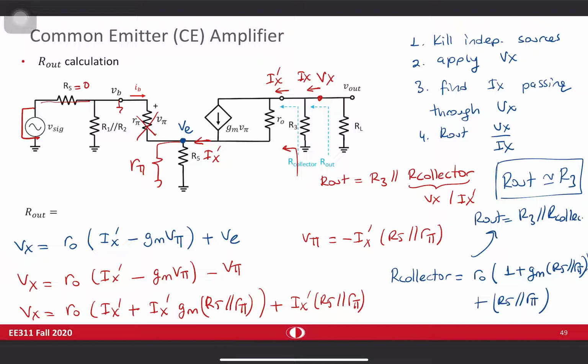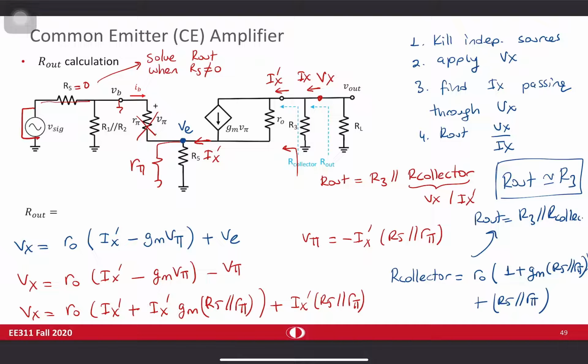So as an exercise, solve R out when Rs is not equal to 0. You will find a similar result at the end, but please solve it and make sure that you understand it.